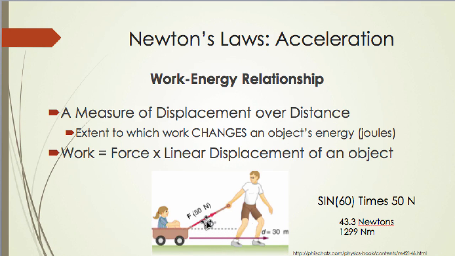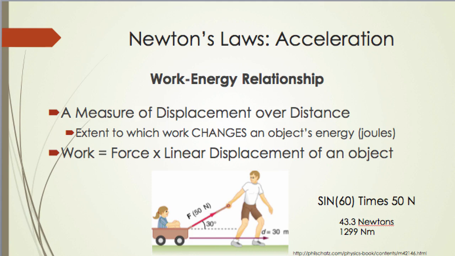So because the man is not pulling at the optimal position, is the force that is required to move the sled less or more than 50? Well, clearly it's going to be less. How much less? It depends on the angle, right? So here's a time that we can introduce our trigonometry functions with sine and cosine.